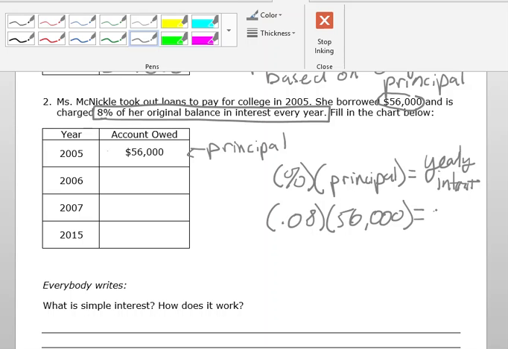I want to double check that calculation here. 56. Yep, okay. $4,480.